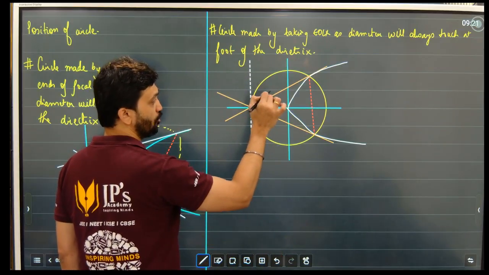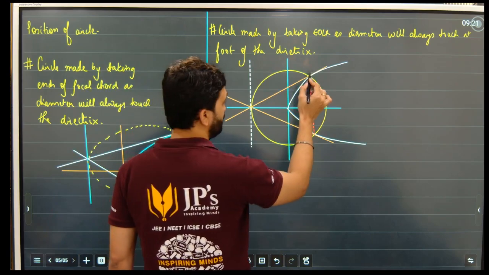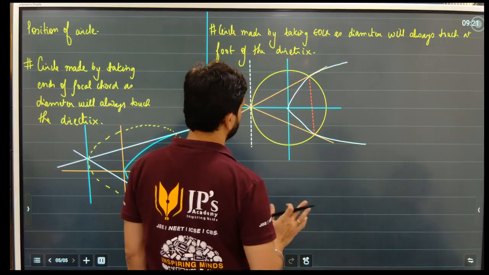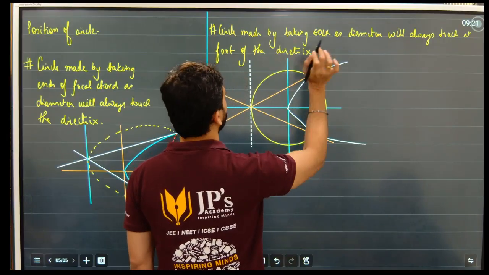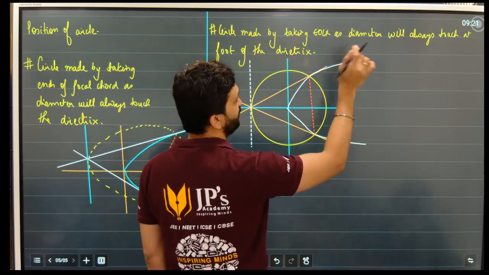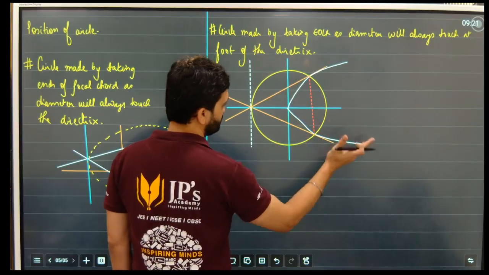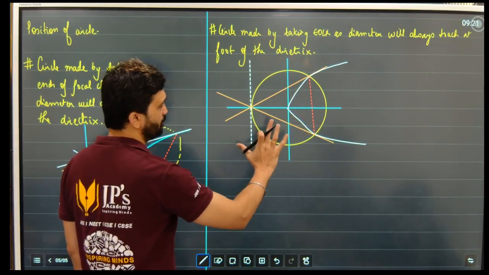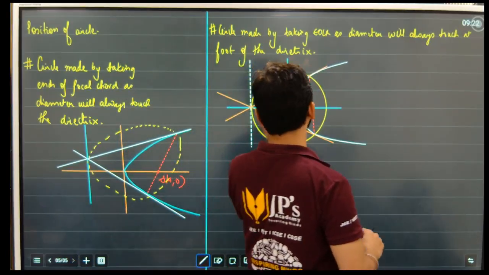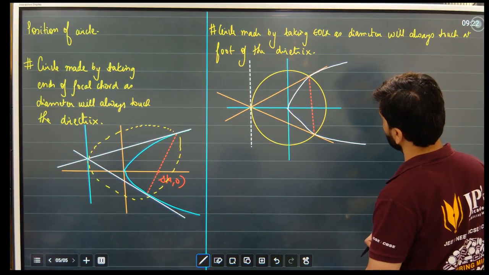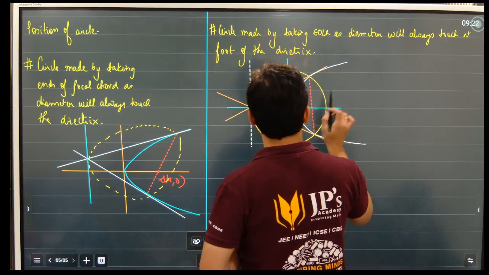The circle drawn will always touch the directrix at its foot. अगर मैंने circle बनाया, थोड़ा wrong circle बन गया, but imagine कर लो. So this will always touch at the foot of the directrix. Remember this. Circle drawn taking ends of latus rectum as diameter. थोड़ा shift होना चाहिए था. So just remember that this is the diameter. The circle थोड़ा wrong बन गया है, but just shifted on the right hand side, and I think that should be the answer. इसको वापस आना पड़ेगा.